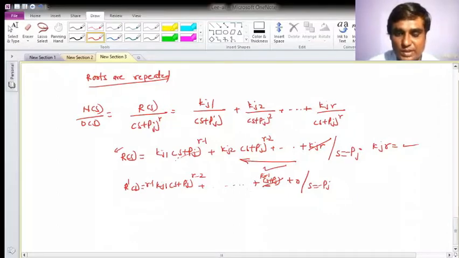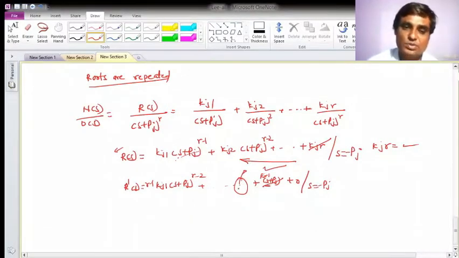Now if I would like to find one more coefficient, again you differentiate one more time. Now there will be no multiplication of s in this case, so you can evaluate at s is equal to minus pj and you will get it that way.